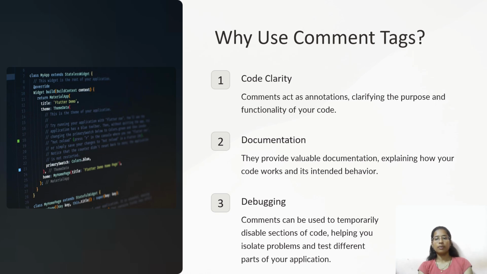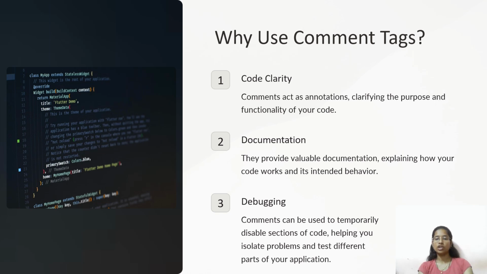Why use comment tags? It includes three main reasons. The first is code clarity, writing the code in a clear and understandable way so that others can easily read and understand it. This includes using meaningful variable names and adding comments wherever necessary. The next is documentation.